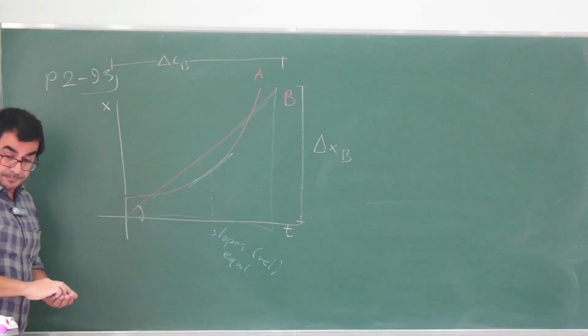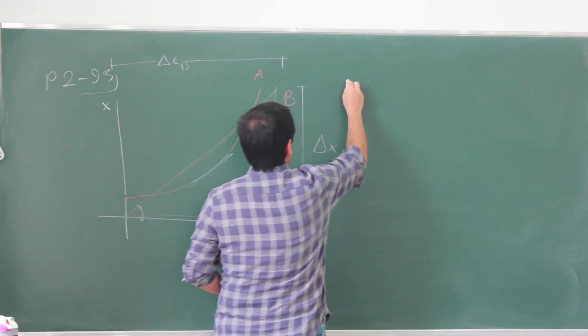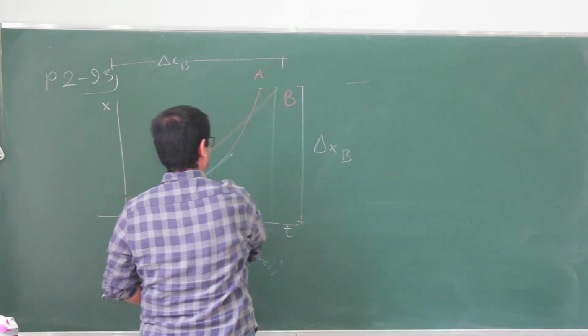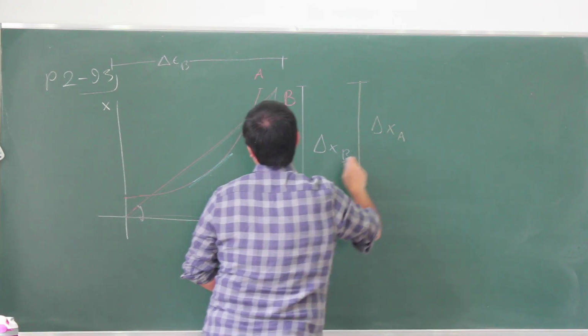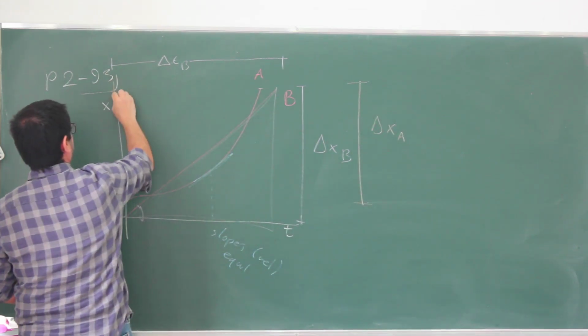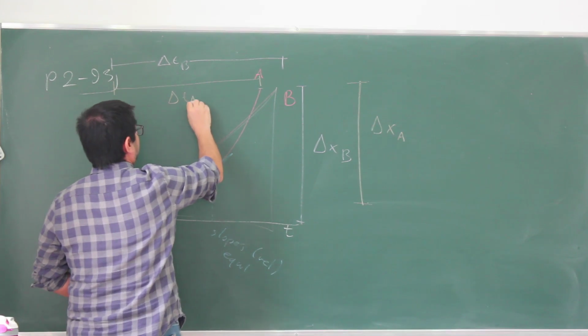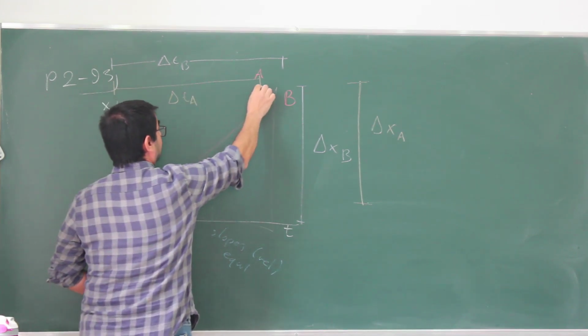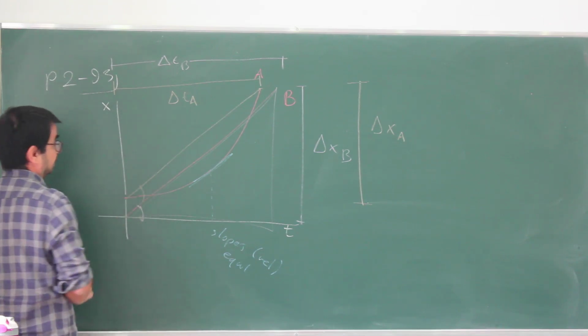Now, for the other bicycle A, your delta x is going to be from here to here. This is delta x A, and your time is going to be from here to here, delta t A, and I'm going to complete this to a straight line. It will be the slope of that line.